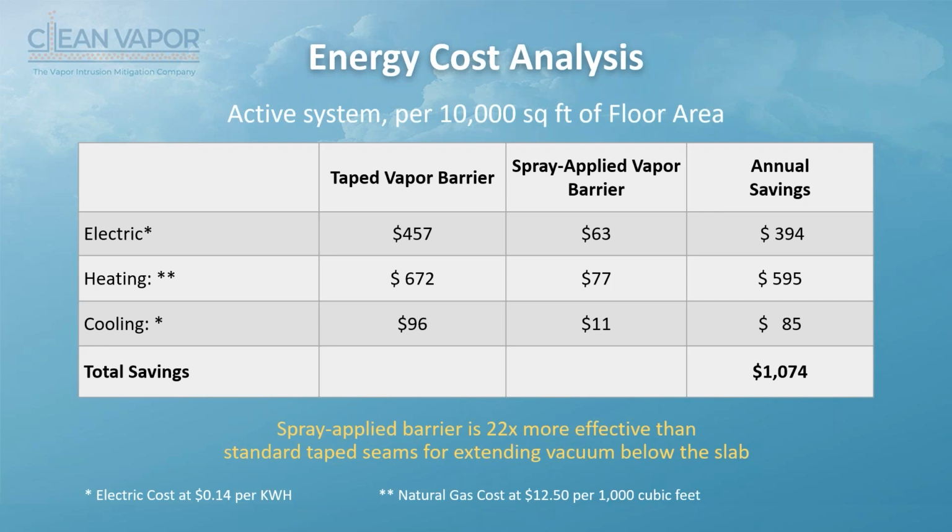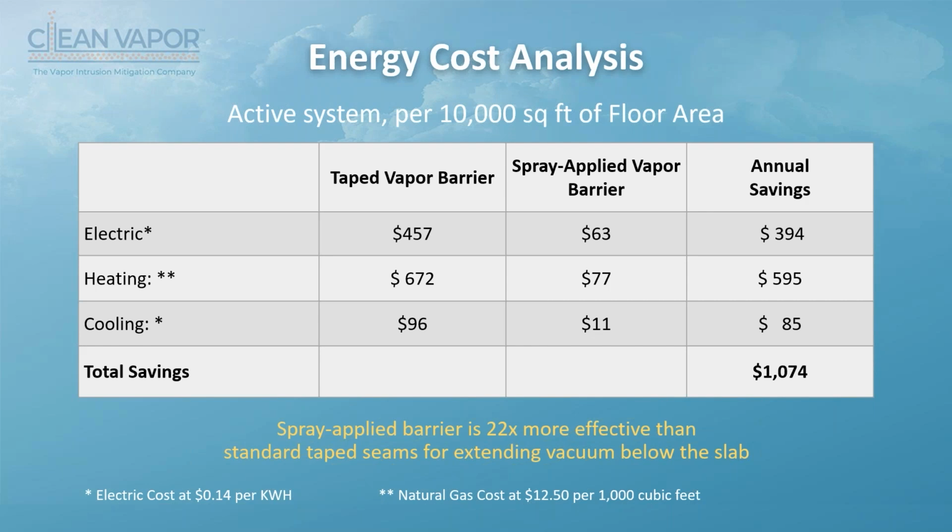There's a lot of leakage associated with these tape systems, which means that conditioned air from the building is being pulled down backwards through electrical conduits and all types of other openings into the subgrade. So you're pulling heat out or conditioned air out, exhausting it up. Also, you're not going to get the vacuum field extension because of the leakage. So you're going to have a motor that's running, and then you're going to be losing heat.